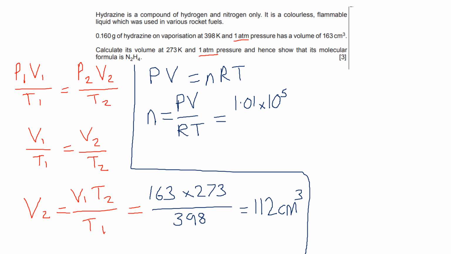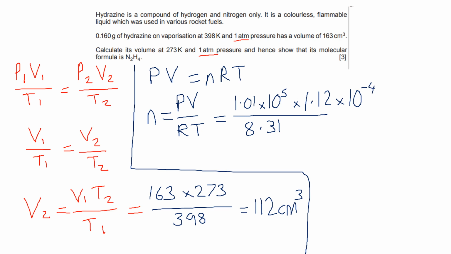The volume we've just calculated is 112 centimeters cubed. The gas constant is 8.31. And I've just realized I'm making a mistake here. When I use this equation, I don't want to use 112. I need to use it in meters cubed. So I'm going to divide by 1,000,000. So that's 1.12 times 10 to the minus 4, because it needs to be in meters cubed for this bit.